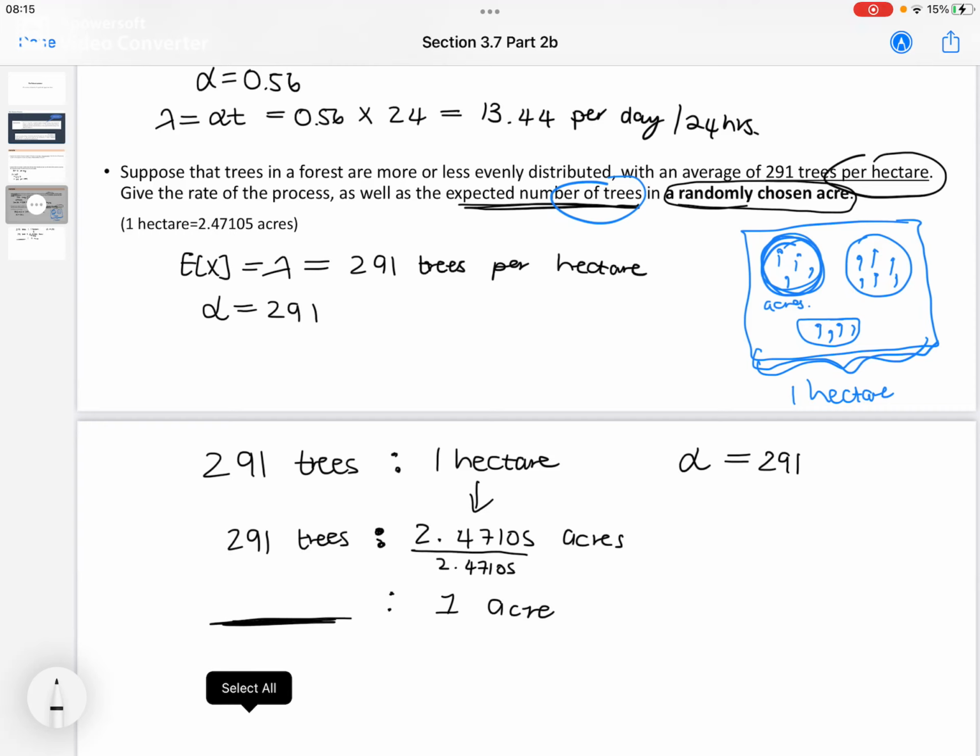So you can divide 291 by 2.47105, and so you're expecting on average 117.8 trees, or about 118, but do leave it with decimals. Okay, so in this case when we're looking at acres, our lambda went from 291 to 117.8, and that is equal to alpha times t.